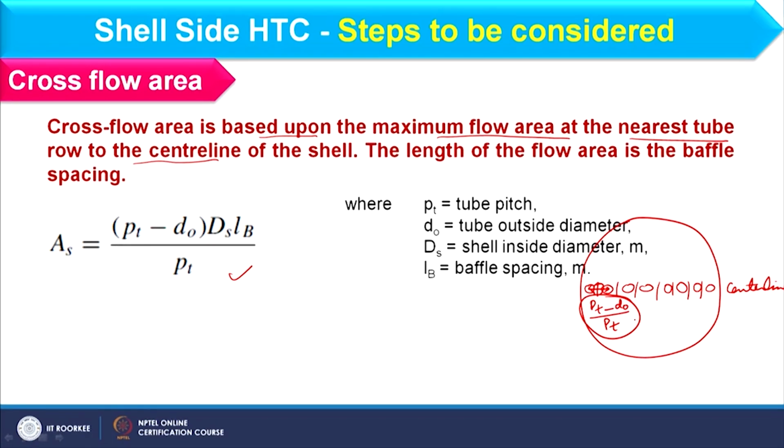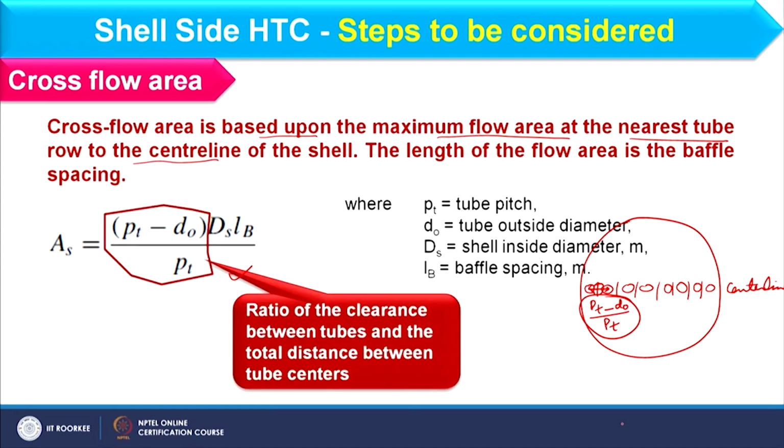This is basically the ratio of clearance between two tubes divided by the pitch, that is, the ratio of clearance between tubes and total distance between tube centers, which is nothing but the pitch.